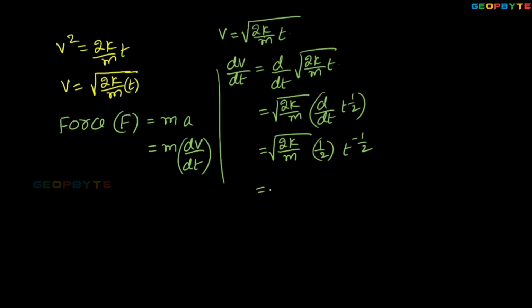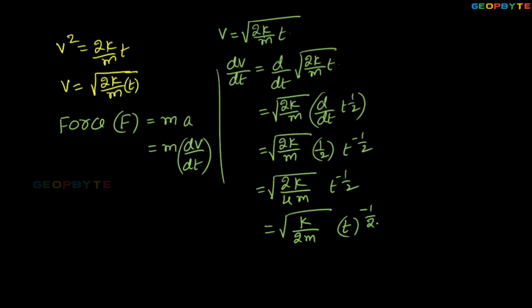So it can be written as root over 2k by, bringing the 1 by 2 into the root, 4m, into t power minus 1 by 2. It is root over k by 2m into t power minus 1 by 2 outside. That is the dv by dt.